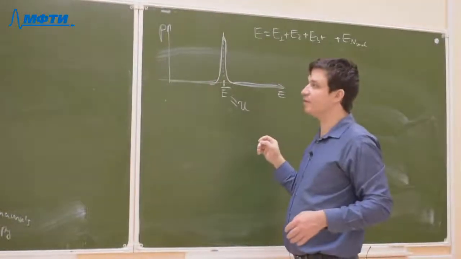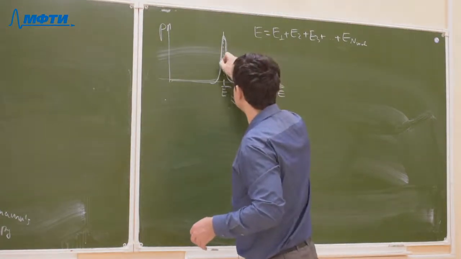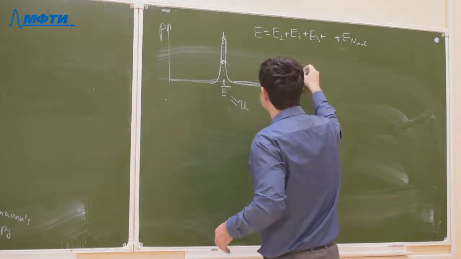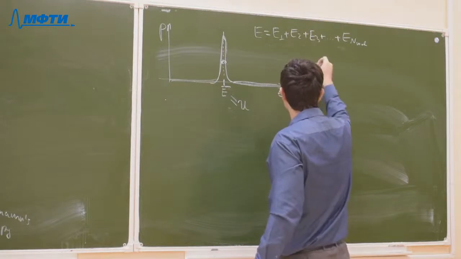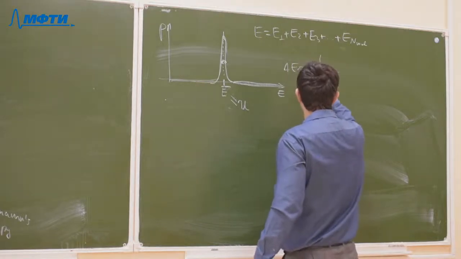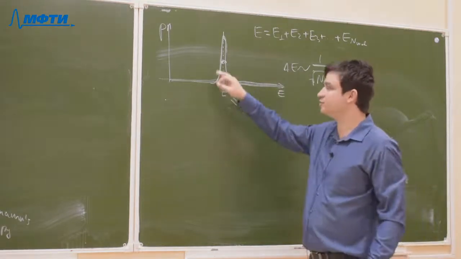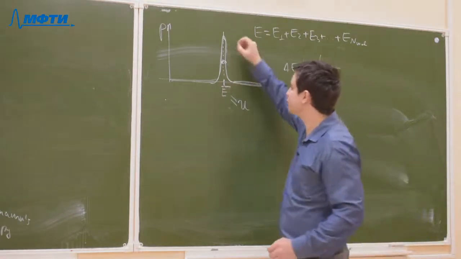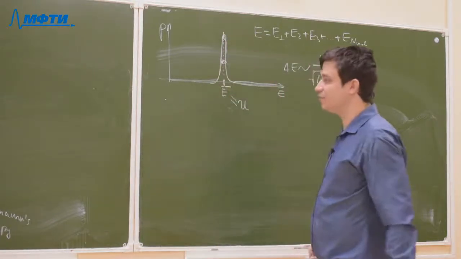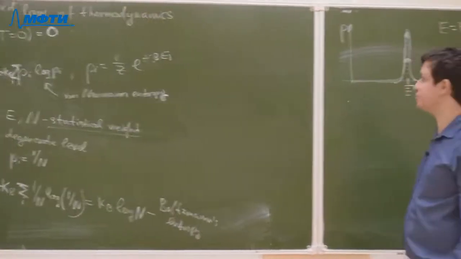And we know that the width of this function, delta E, is typically proportional to the inverse square root of the number of molecules. So when we have a very large number of molecules, the width of this function becomes very small. And for this reason, we can also apply this Boltzmann definition for entropy.